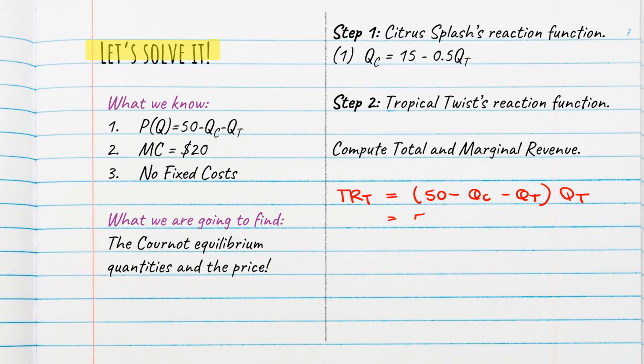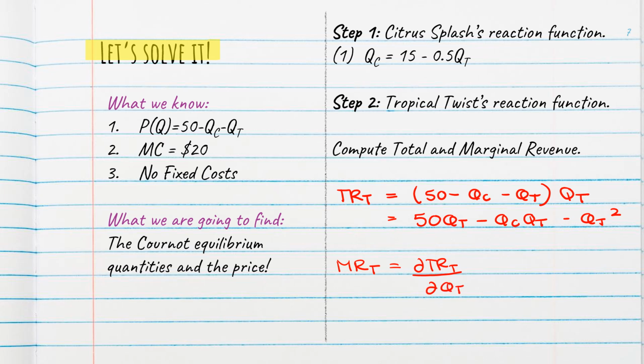Dealing with this parenthetical, we get 50 QT minus QC QT minus QT squared as our total revenue. And then we can find our marginal revenue, which is going to be the partial derivative of total revenue with respect to QT.